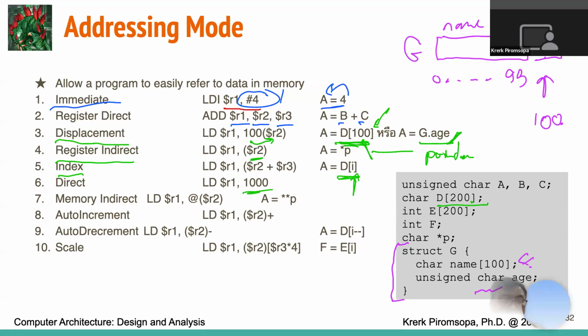Okay, direct, just put the address in. And memory indirect means a pointer to a pointer. If you know the C programming language, auto increment is like this.